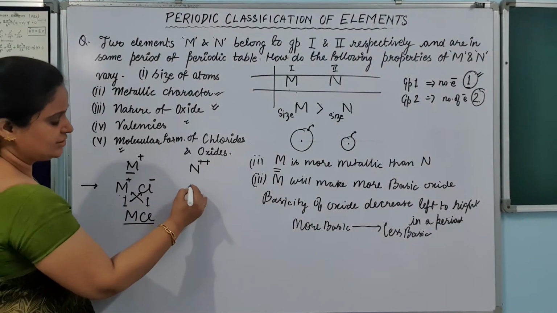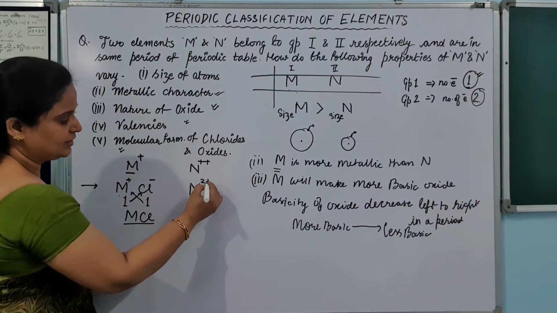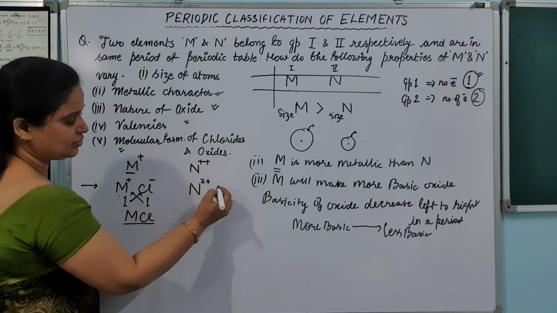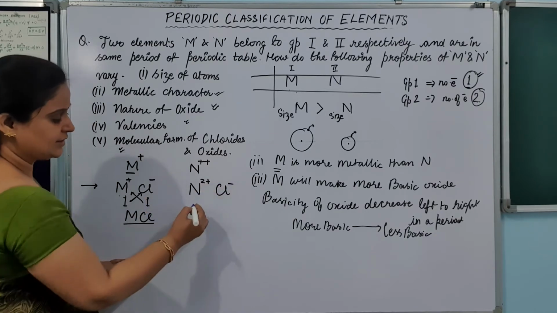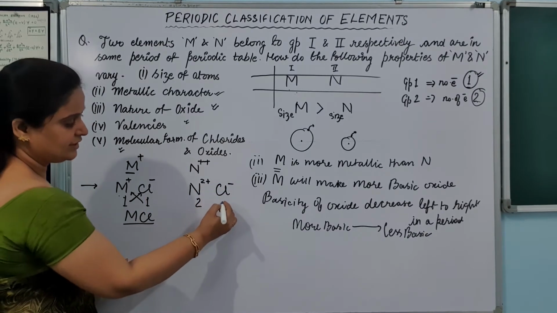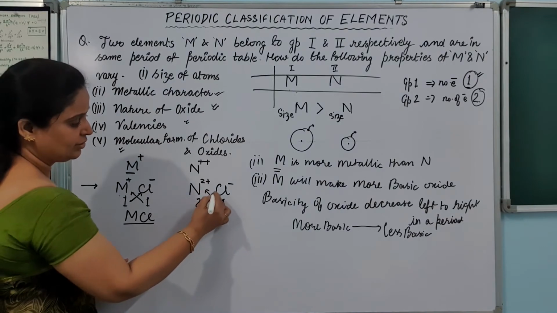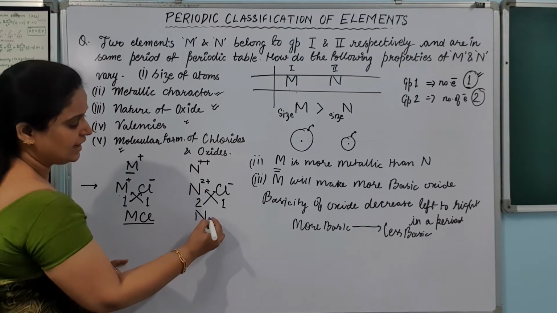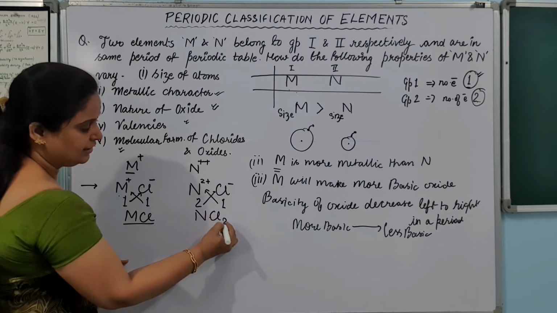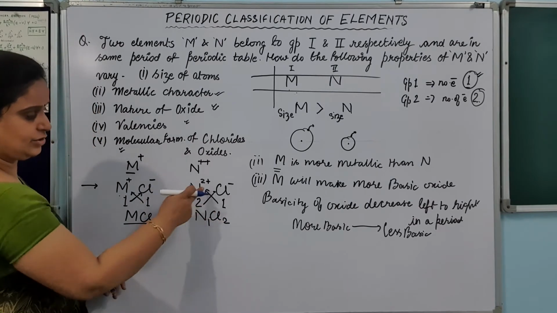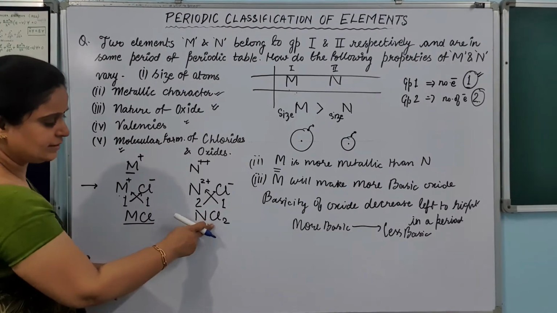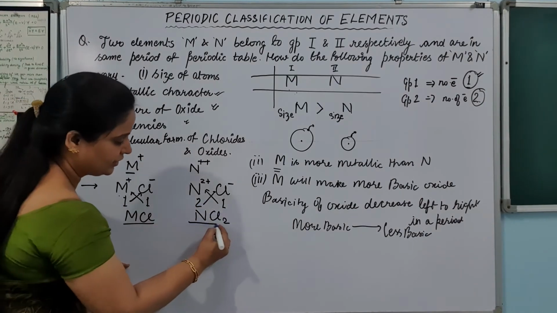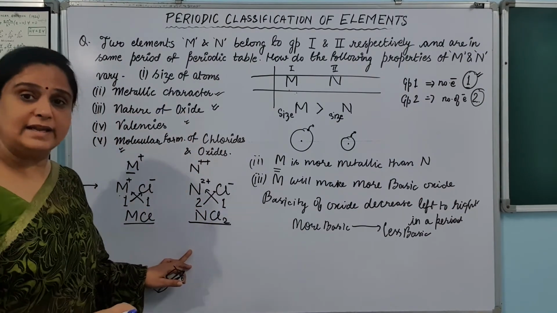Same thing can be applied here. N will make N plus 2 and Cl will make minus 1. We have 2 valency, we have 1 valency of chlorine, cross multiplied, so this becomes NCl2. ओके, तो 1 तो लिखते नहीं है हम लोग, तो this is the formula of the chloride of N element.